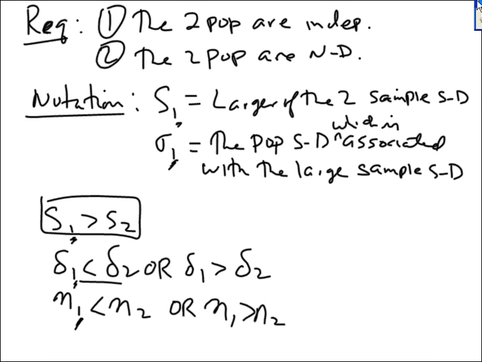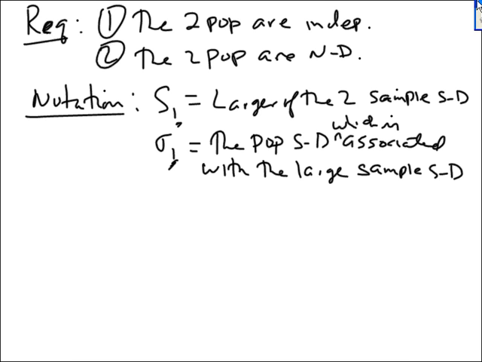You get a subscript 1 if the standard deviation of that sample was the larger of the two. We have two samples, so we get two sample standard deviations, and the one with the larger value gets subscript 1. If they're equal, then toss a coin as to which one you want to call 1.